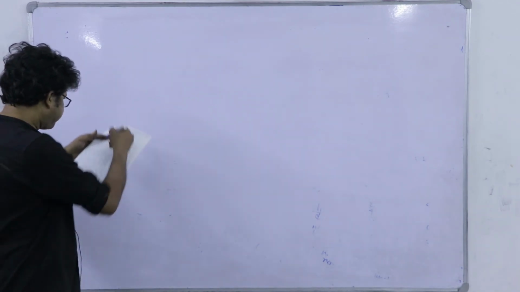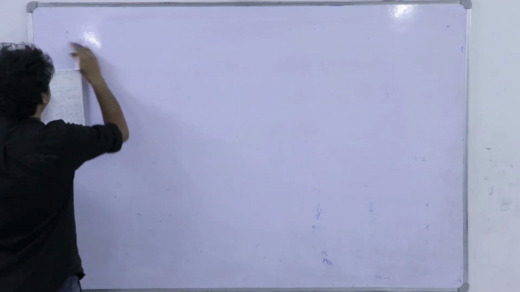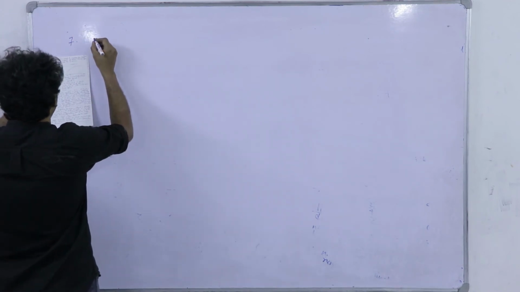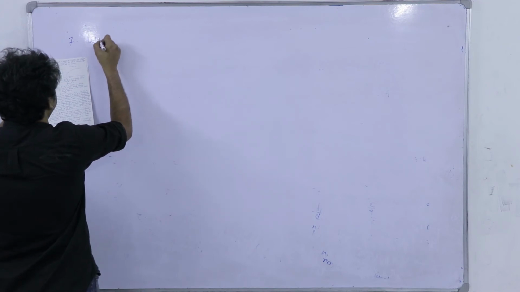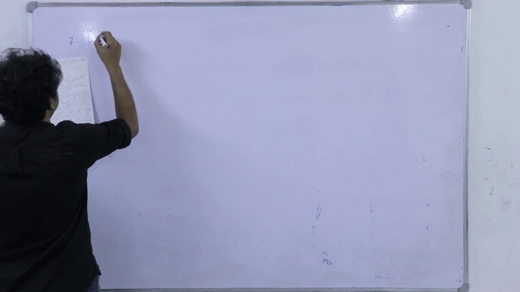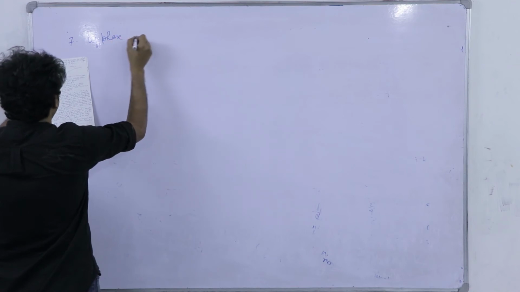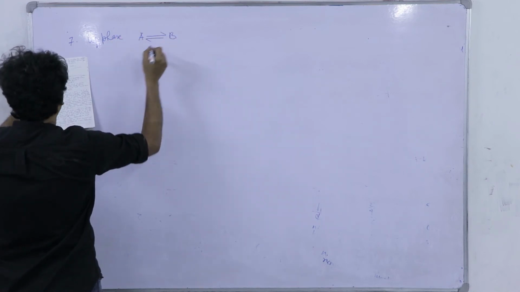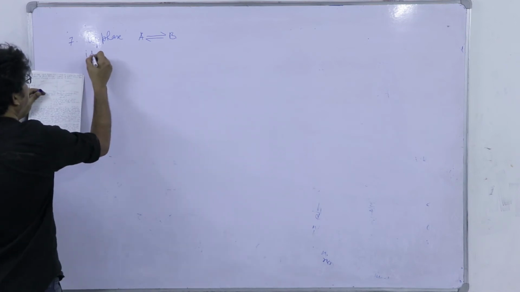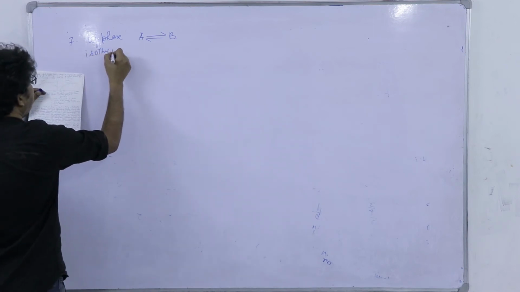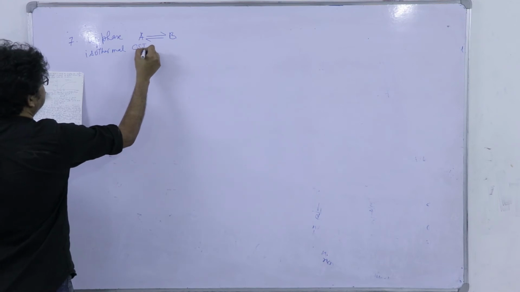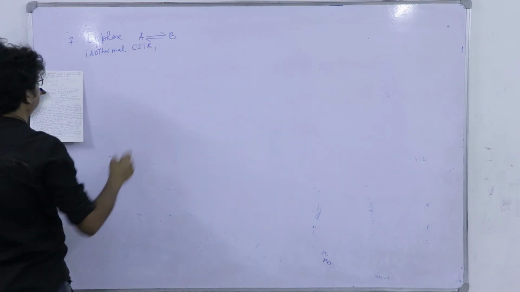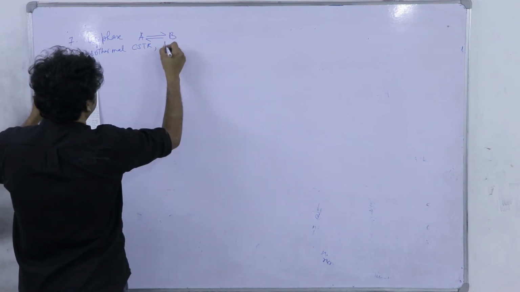Okay. This is also GATE question 7. A liquid phase reversible reaction, A reversible arrow B, is carried out in an isothermal CSTR, operating under steady state.